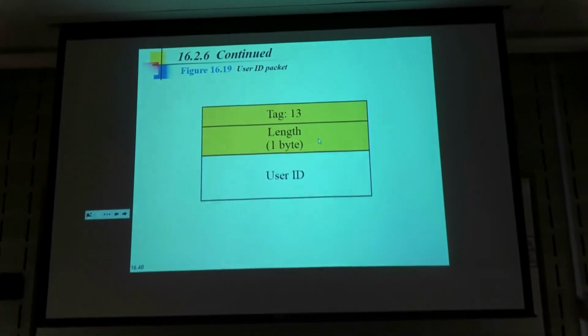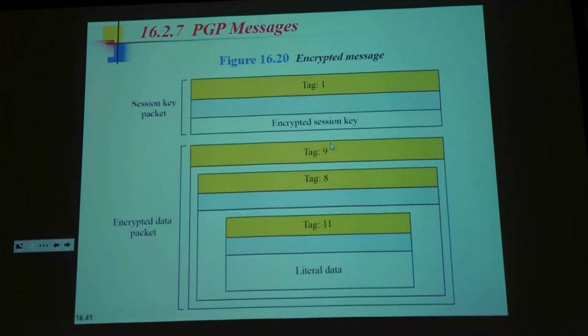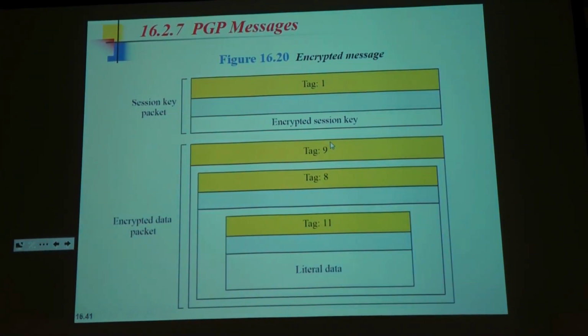This is for the user ID packet. If you need to send a user ID, tag 13, the length, and the user ID. All right. For PGP messages, you have tag 1. This is the session key packet, and then the encrypted session key. Tag 11 will be inside tag 8, inside tag 9.